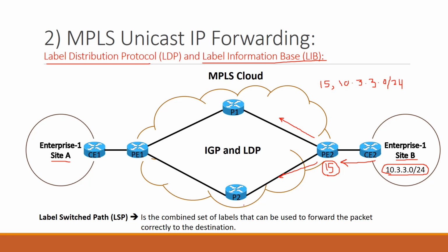Now, let's think about P1. P1 received an update message from BE2 with incoming label 15 and IP prefix 10.3.3.0/24. What should P1 do? It will assign a new label for this learned IP prefix, other than the incoming one, and we'll call it a local label.